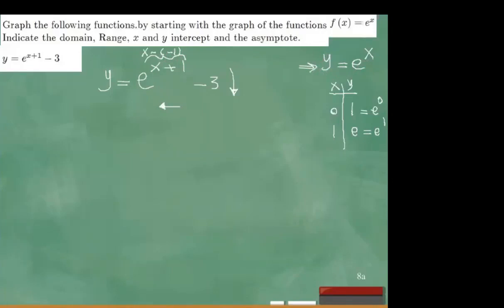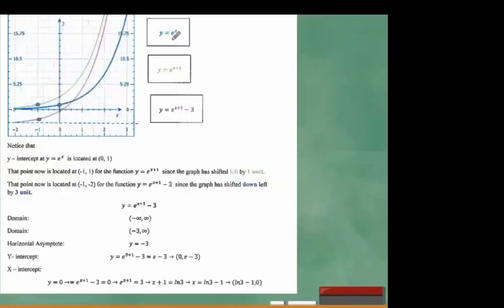Let's take a look at the graph here. So the graph of y is equal to e to the power of x, you can see it in blue. And the asymptote here would be the line that lies on the x-axis, which is y is equal to 0.